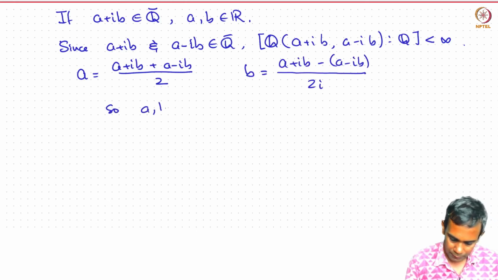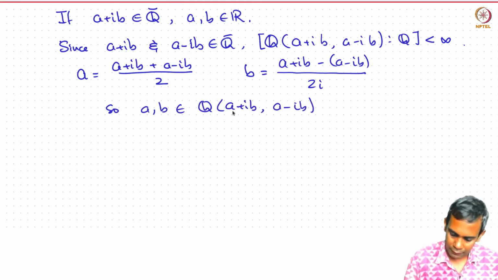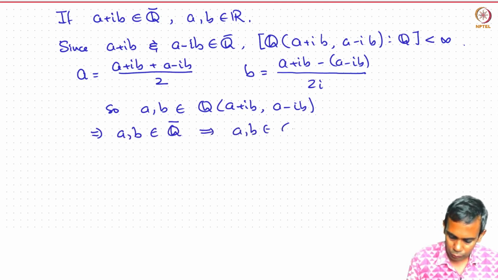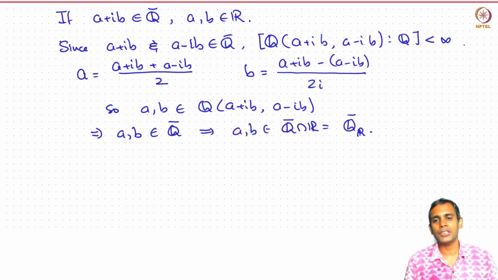So a and b lie in this field Q(a + ib, a - ib), which is an extension of finite degree. Therefore a and b belong to Q bar, which implies that a and b belong to Q bar intersect R, which is Q bar R, just by definition of Q bar R.